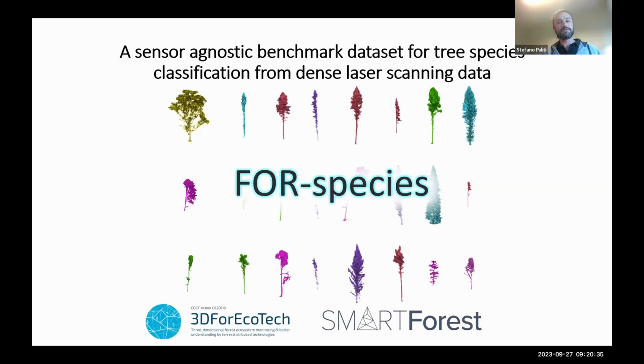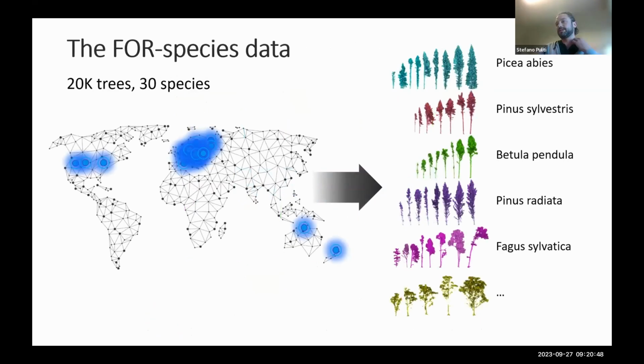What is maybe more relevant for the ecology is the tree species classification, which is once we have these individually segmented trees, we want to tell something about what species they are. So we built this quite large database of 20,000 trees. These are all trees that are basically manually segmented, which is a really painful process. And a lot of collaborators provided us with that data.